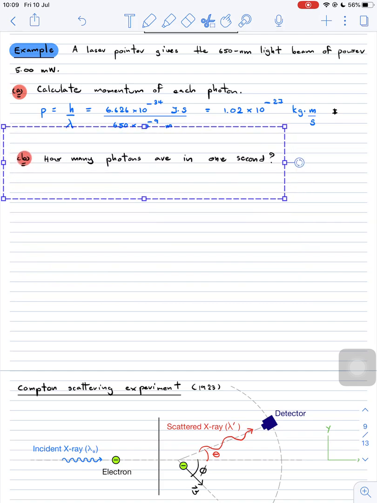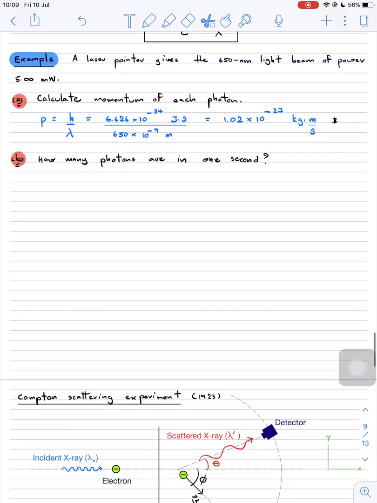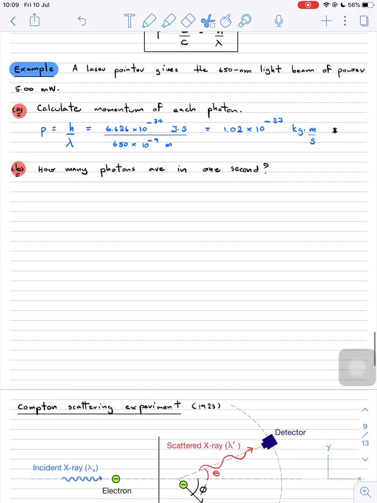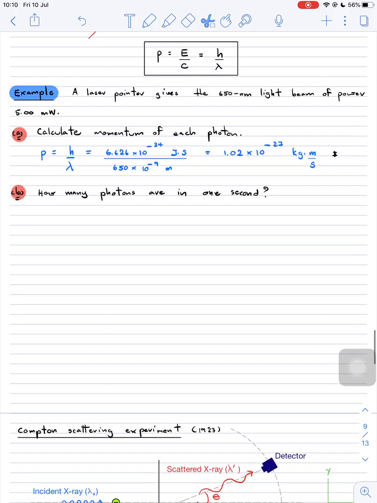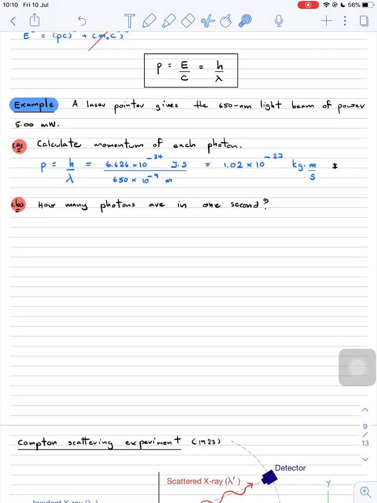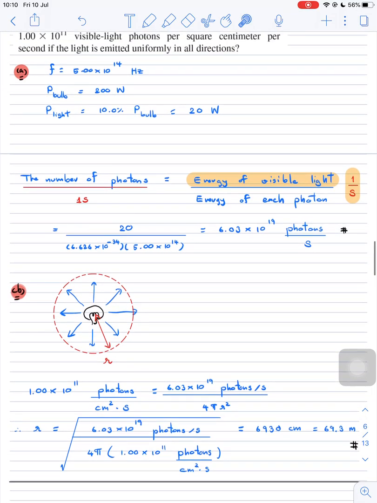Now for part B. How many photons are in 1 second? This one is similar to the previous examples.